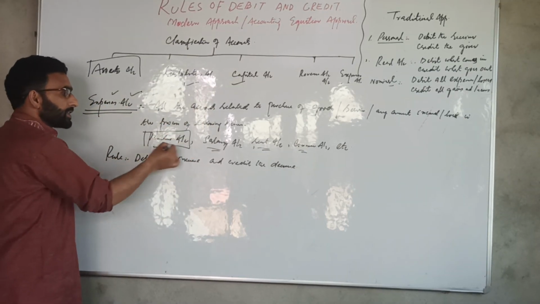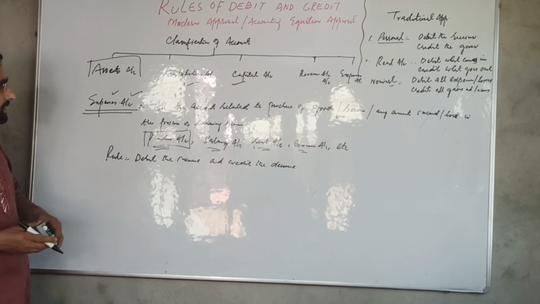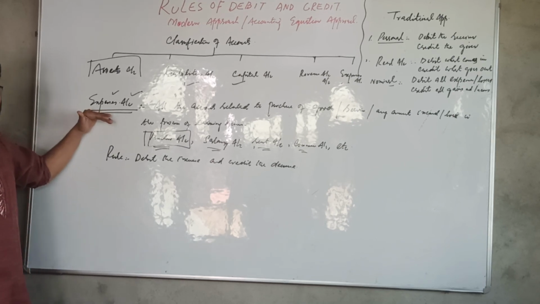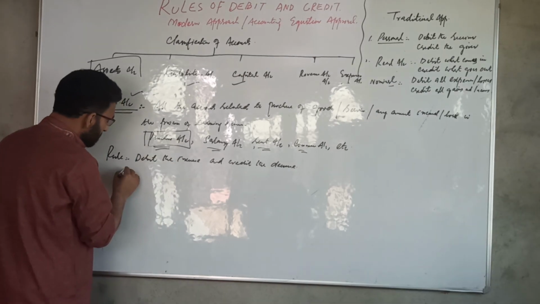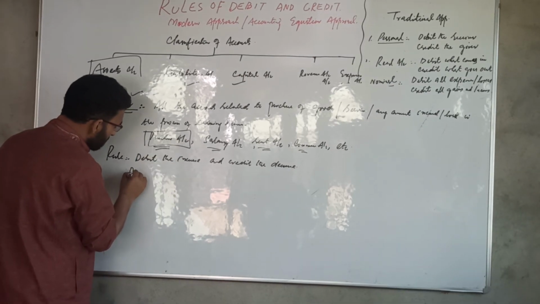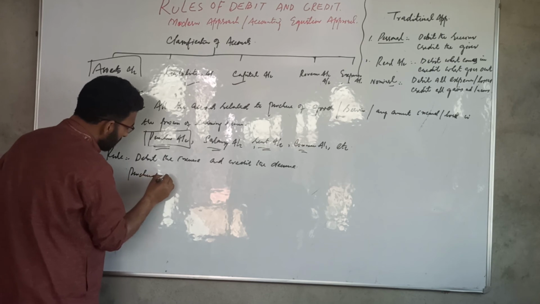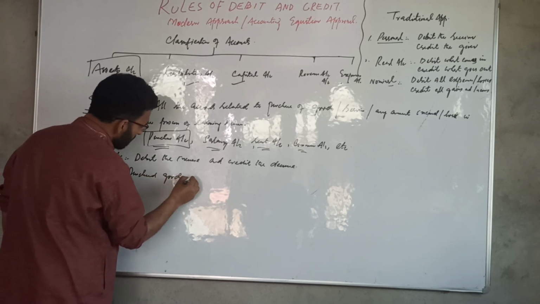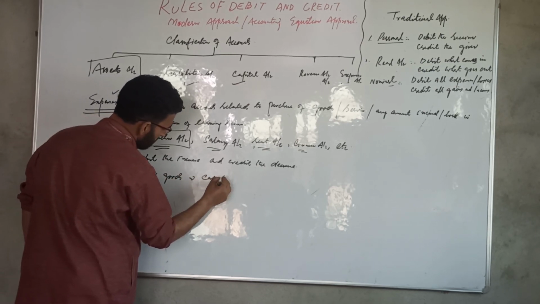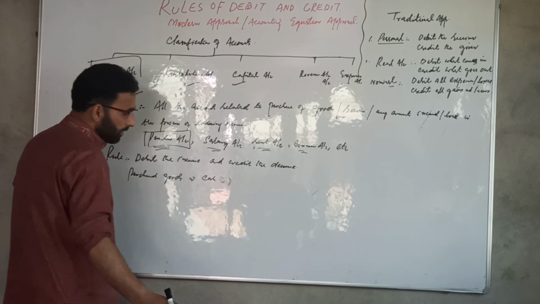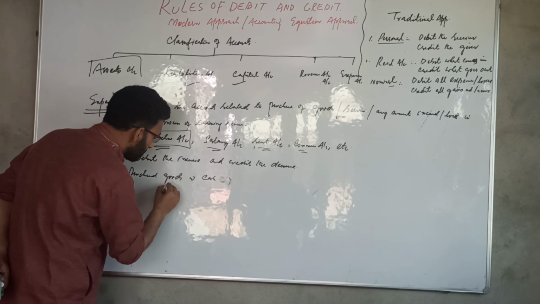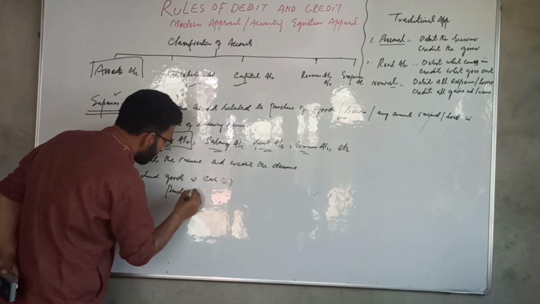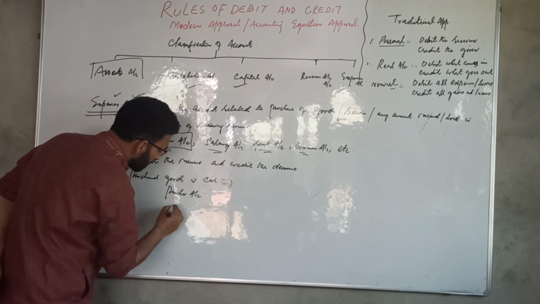And goods purchased come under the category of expenses account. For example, purchased goods in cash. So two accounts are involved here. Number one, purchase account, and the other account is cash account.